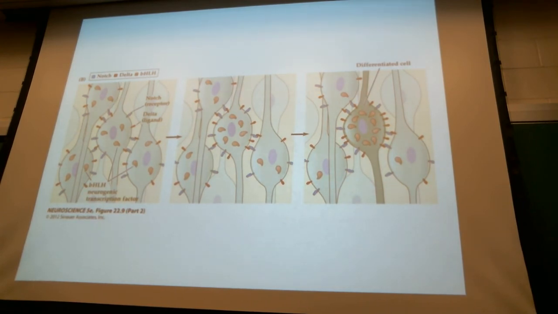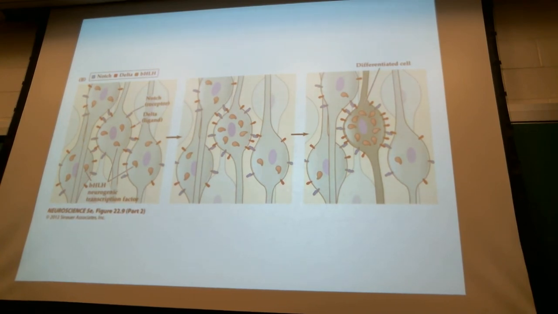And what happens is it turns on the Notch signaling in the neighboring cell. So it will be harder for them to become neurons because you can't get Notch signaling. So if there is one neuron differentiating, neighboring cells will be suppressed from differentiation, which is called lateral inhibition.